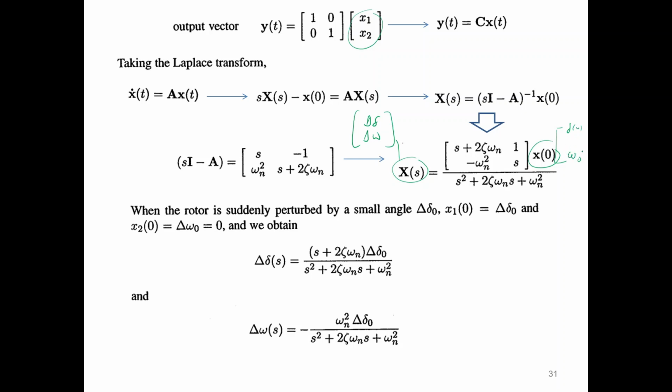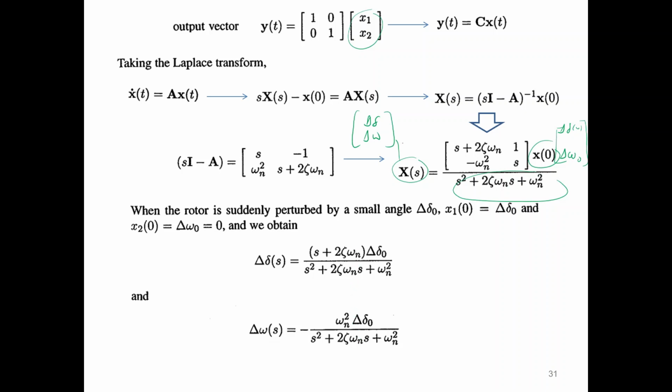Now you can multiply this term, just multiplying the matrix and the vector. This is a linear sum divided by the same term. Now you can see that the delta and the delta omega in the S domain can be given by these two equations.